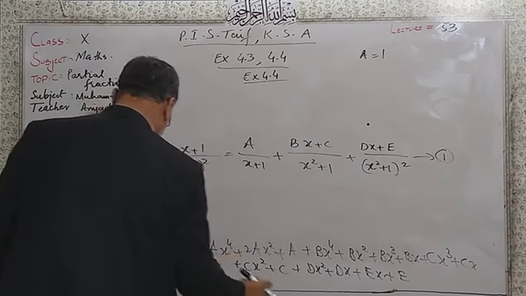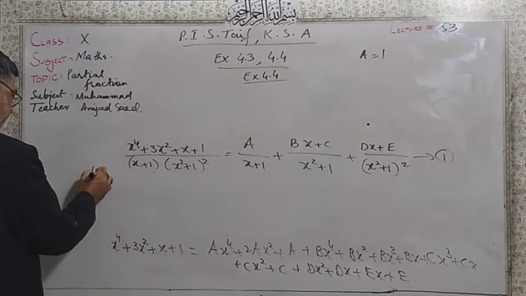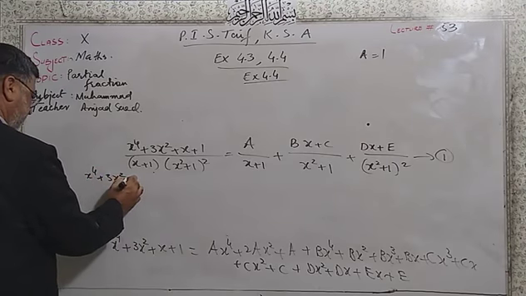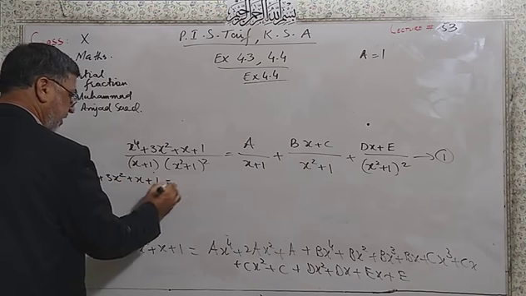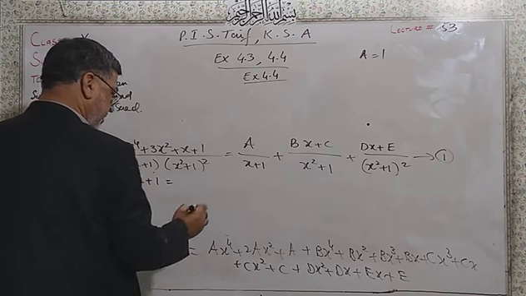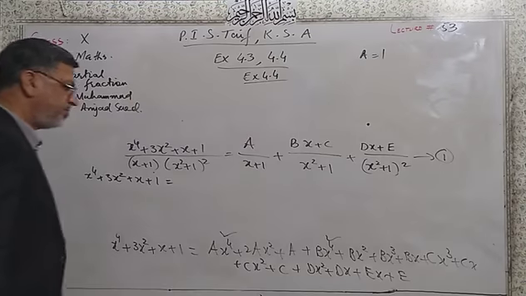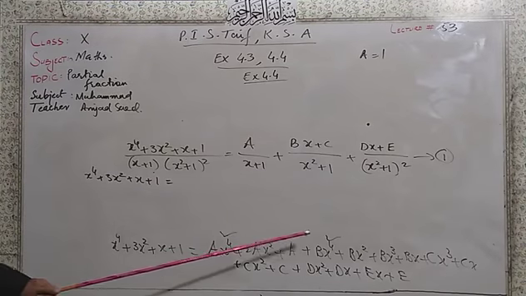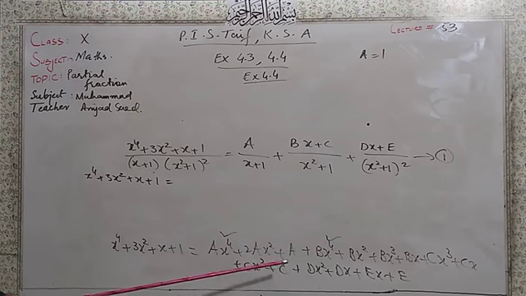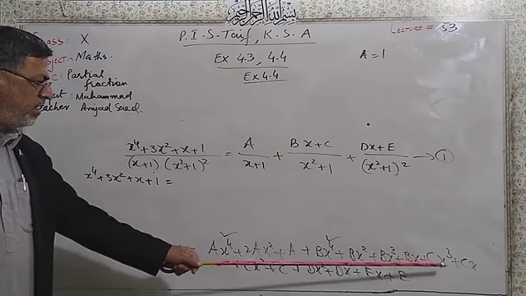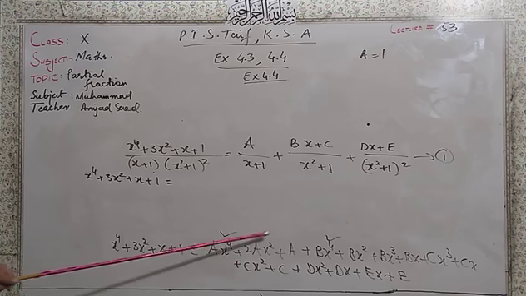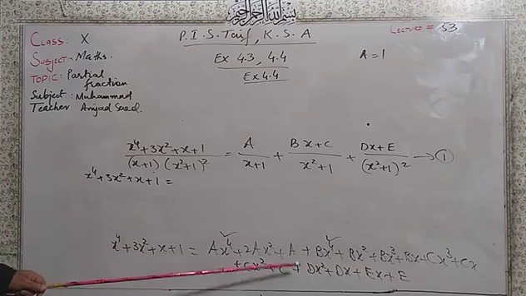First of all, here is x⁴ plus 3x square plus x plus 1 is equal to, this is ax⁴ and bx⁴. ax⁴ plus bx⁴. Is there any power with variable 4?